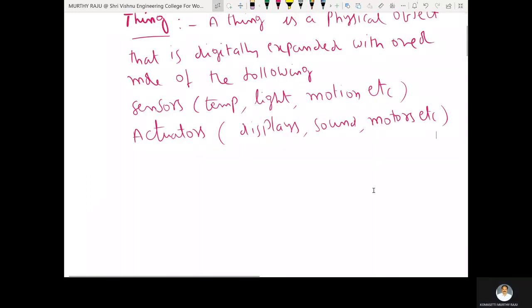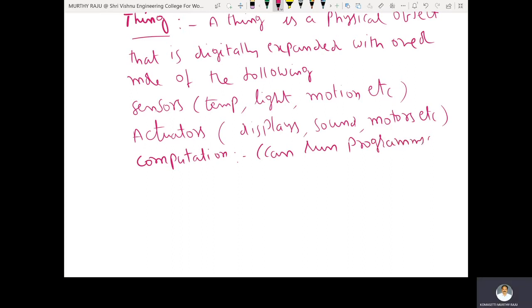Coming to computation: it can run programs and logic. Then the communication interface, wired or wireless.